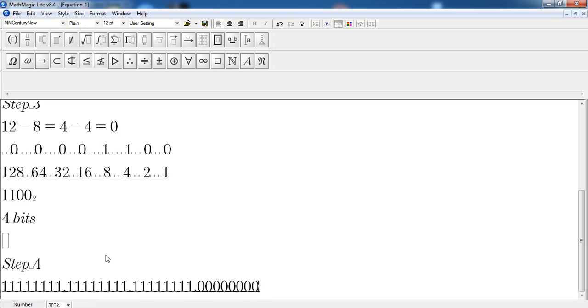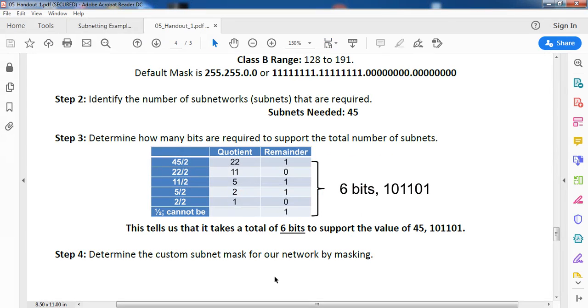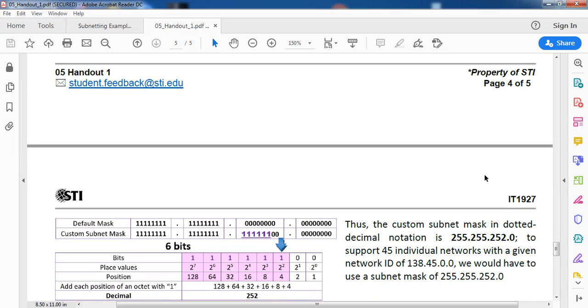Because this is class C, the 3 octets having 1s are part of the network ID. The last octet having 0s determines the host ID. So we need to borrow 4 of them. That means the first 4 here, to be able to facilitate the 12 subnetworks, have to be turned into a subnet ID. So this would now be our answer for step 4, which is the custom subnet mask.